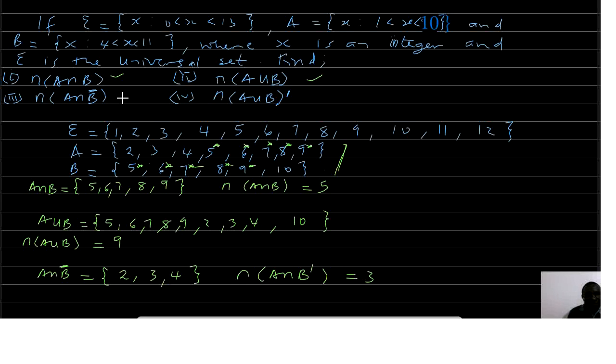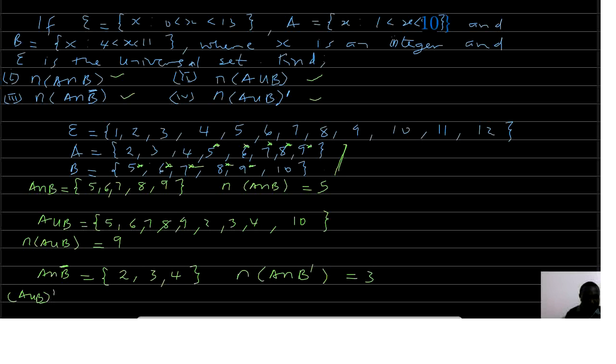We now proceed to the last one, A union B complement. We want elements which are outside the union, but they are within the universal set. What does that mean? We are going to exclude the union within the universal set, and whatever remains is the set of our interest, A union B complement.